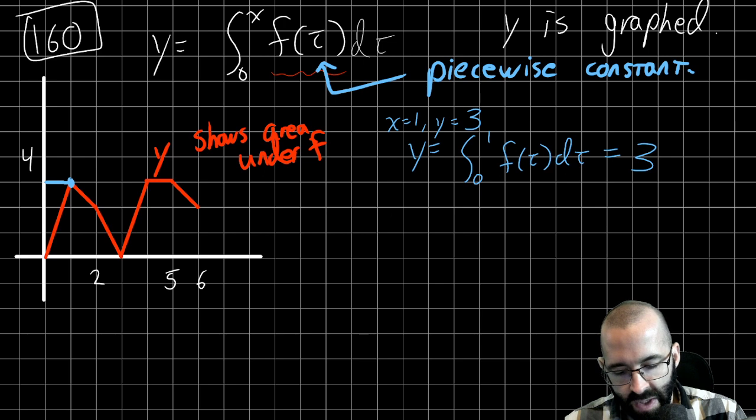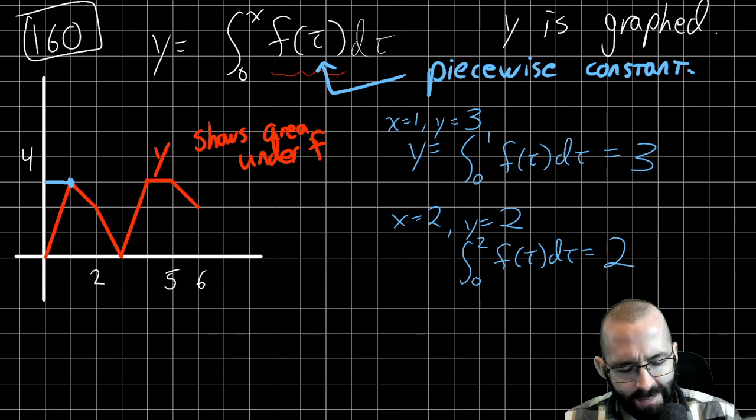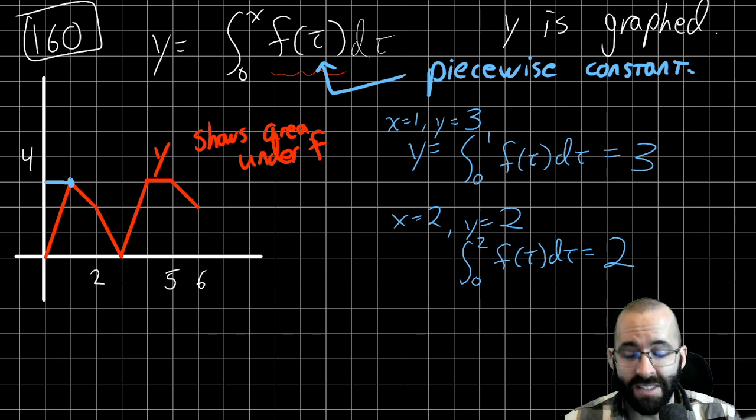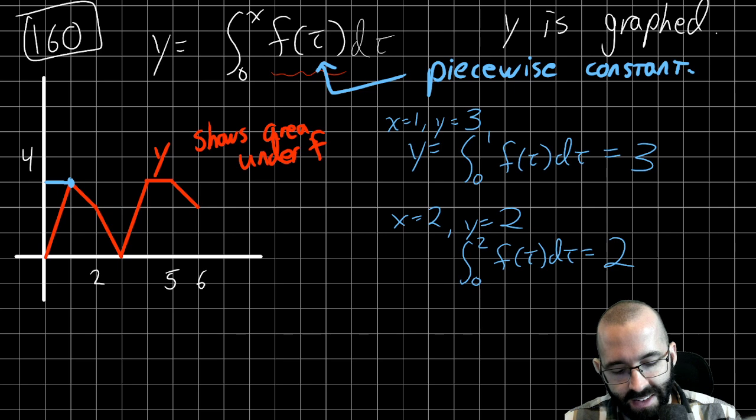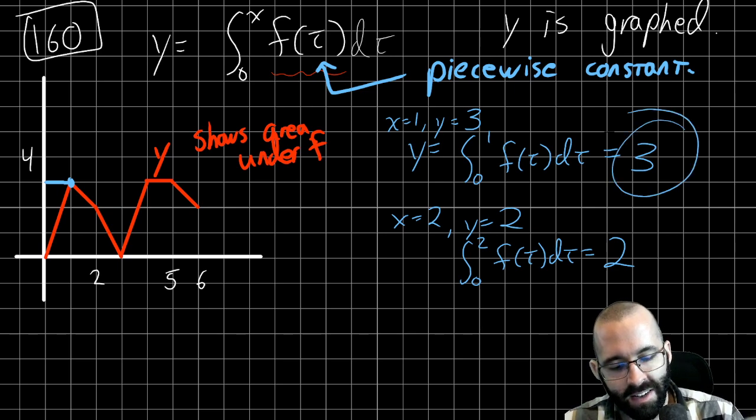The next piece is when x is equal to 2, y is equal to 2. So that tells us the integral from 0 to 2 of this function is equal to 2. There might be a nicer way of doing this. This is the way that jumps to mind. So if the area is 3, but now the integral becomes 2, we've lost 1.